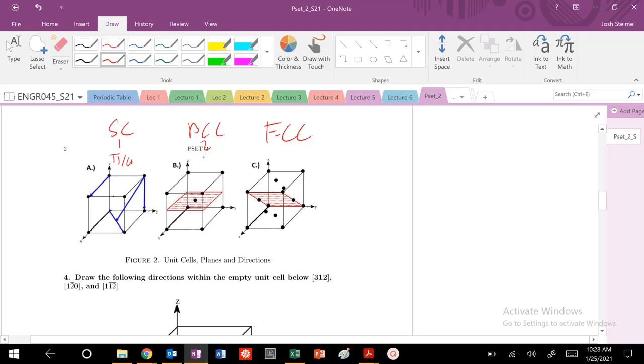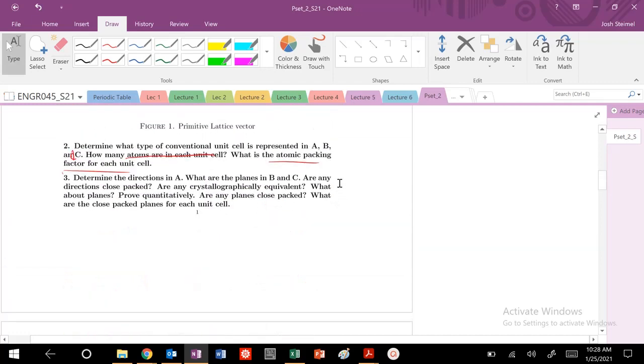This is going to be 2 atoms. This is going to be 0.68-ish, again, from our notes. And then this is going to have 4 atoms, and this is going to have its atomic packing factor, the APF. There we go. Exactly, that's just from our notes.